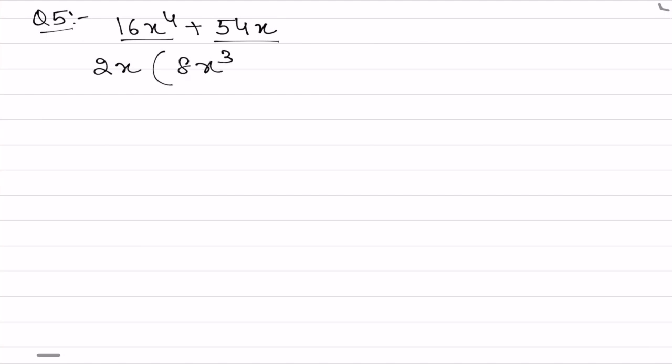Next, question number 5, that is 16x raised to power 4 plus 54x. Now in this we can see both the terms are not perfect cubes. So first we have to make it a perfect cube. We can see the common factor of both the terms, so 2x is the common factor. What is left? 8x cube plus 27. Now 8x cube and 27 are perfect cubes. So 2x into 2x whole cube plus 3 whole cube.